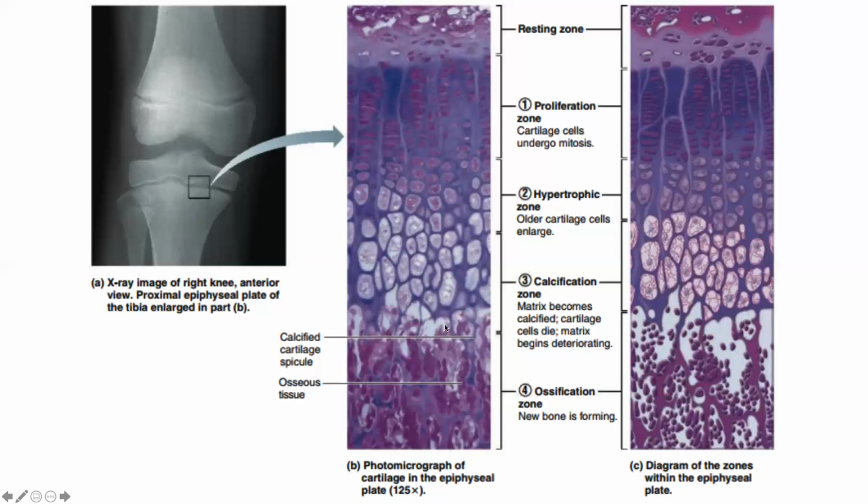And finally, this chondrocyte area will be calcified. And this is the way our bones get longer and longer. So the growth plate, which we call epiphyseal plate or physis, is also cartilage.